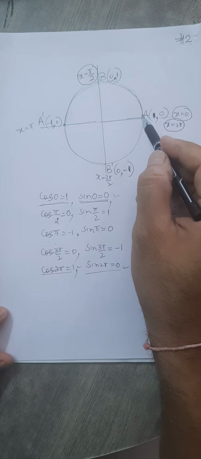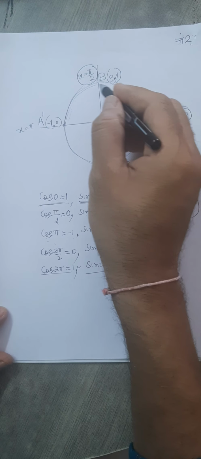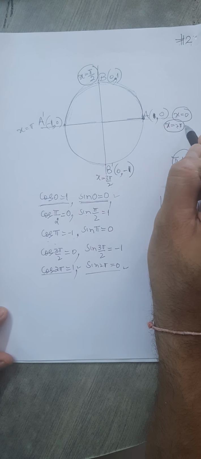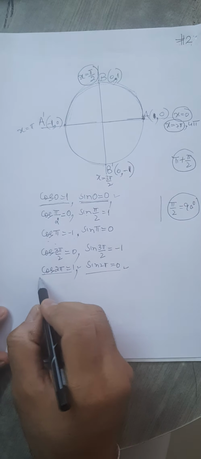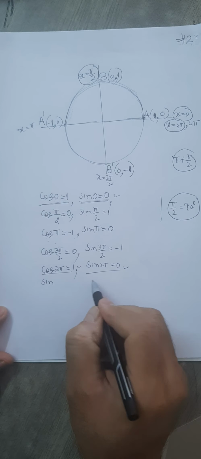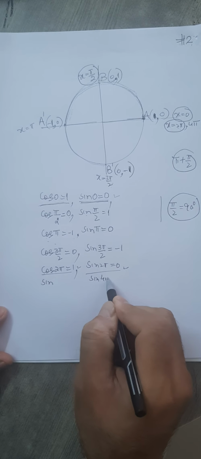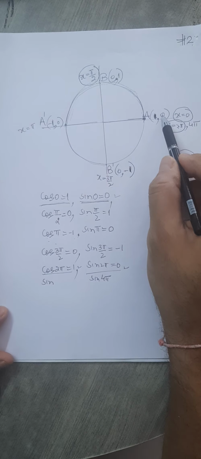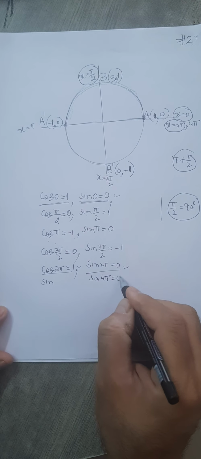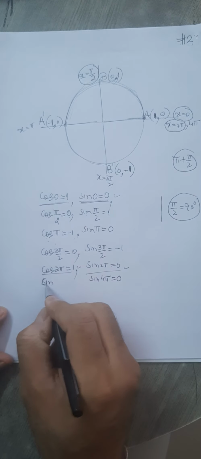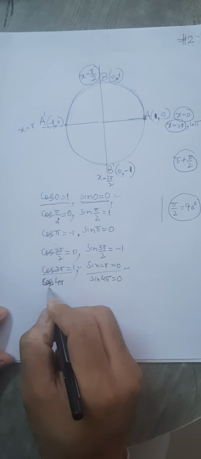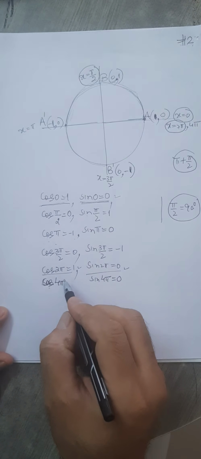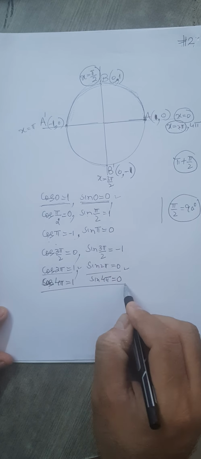Now, if I take one more rotation and take 4 pi here, you can write directly sine 4 pi. Sine 4 pi means which coordinate? The second coordinate, which is 0. If I write cosine 4 pi, cos means which coordinate? The first coordinate, which is 1. Right?